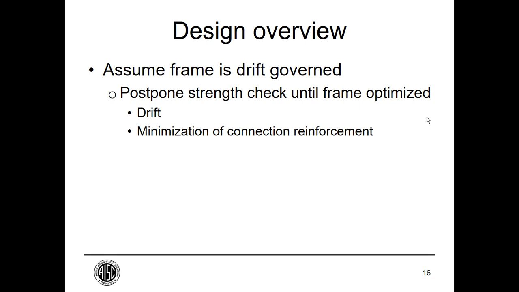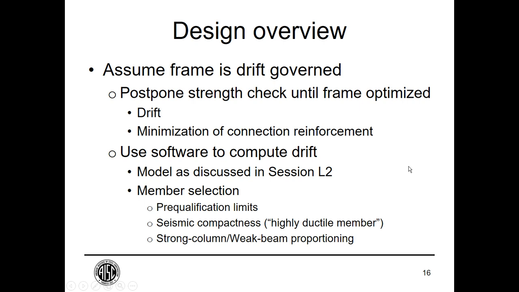the column. It is very convenient to use analysis software to compute drift. We've just discussed some of the modeling issues in session L2. And when we're selecting members to control drift, it's important to keep in mind that not every member is going to be appropriate for use in a special moment frame.